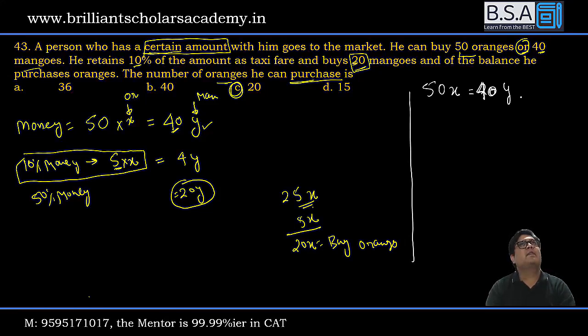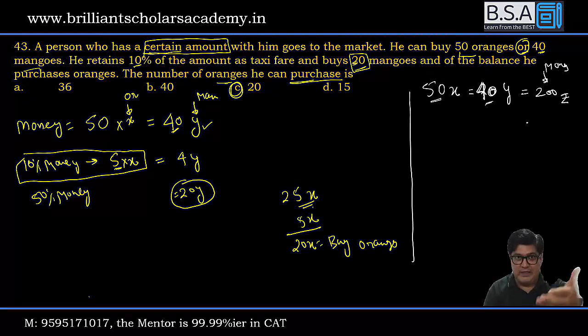Can I say this person has a multiple of 50 rupees and 40 rupees? So I'm assuming the money is 200 rupees. This is not given. I'm assuming this.